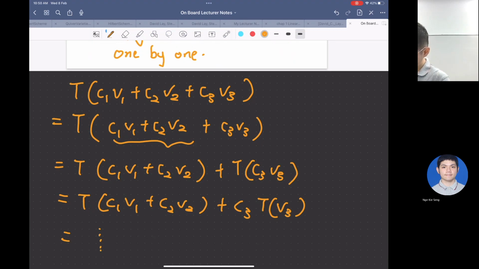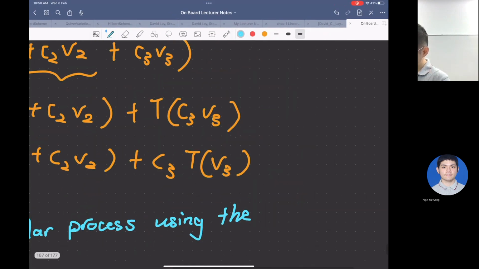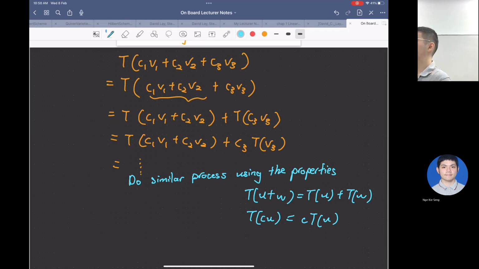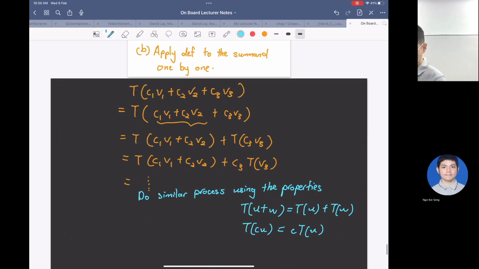And then do a similar process using the properties, T(u plus w) equals Tu plus Tw, T(cu) equals c Tu. Okay, so what's next?